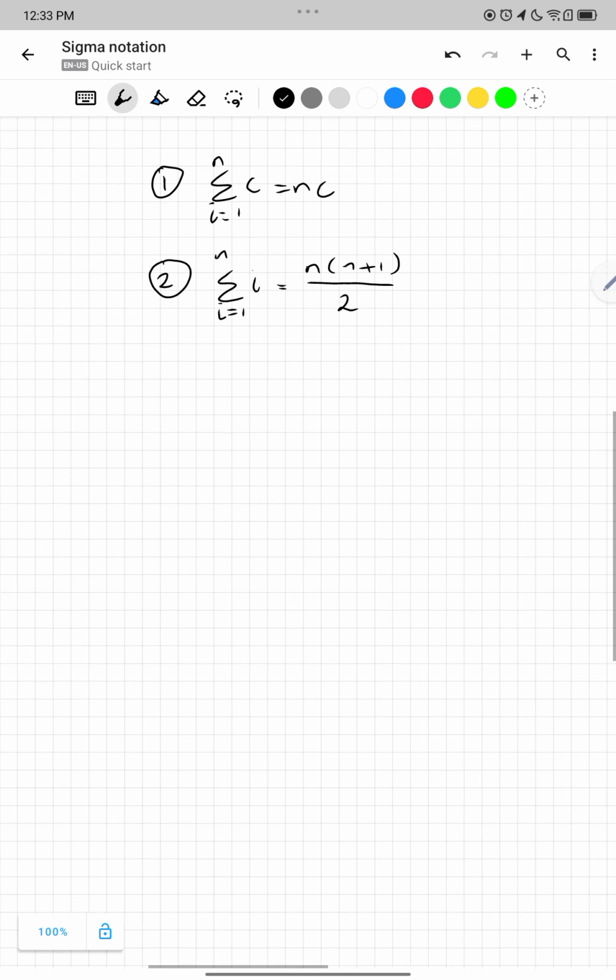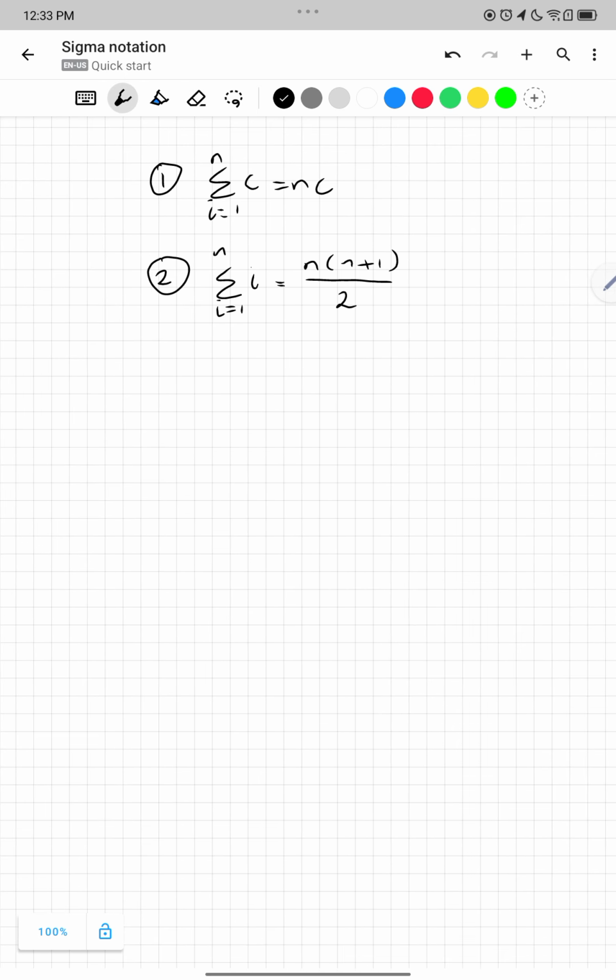Then the next formula that we have is this one, which is n plus 1 times 2n plus 1 over 6. Now, one could prove this formula in two ways.